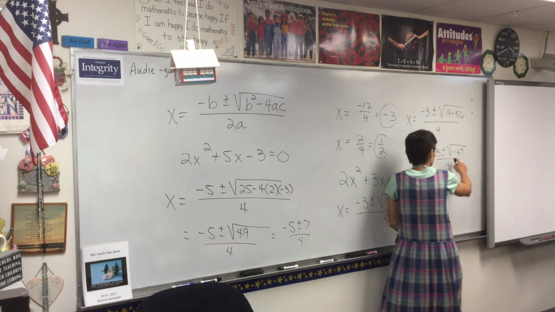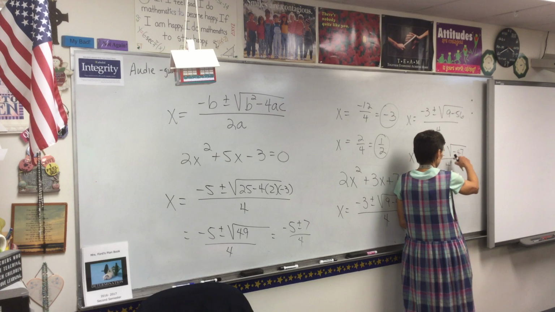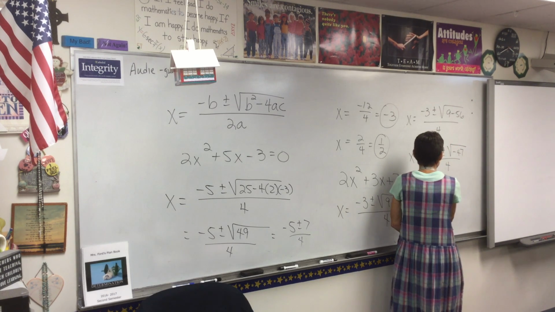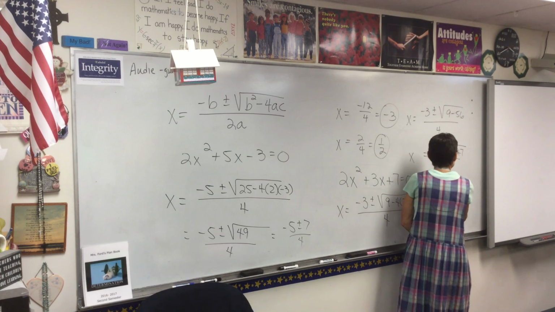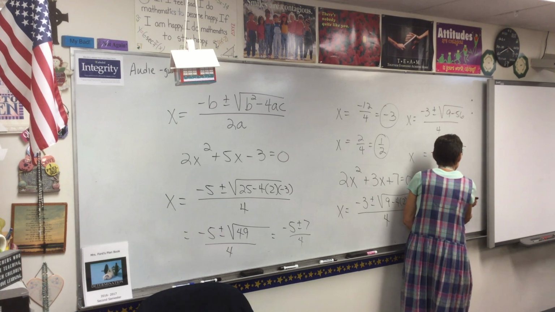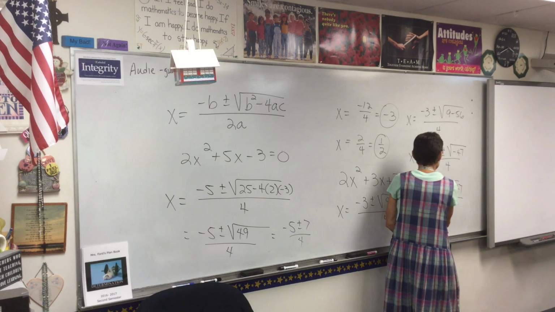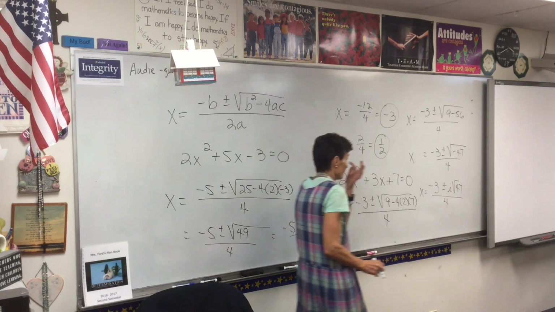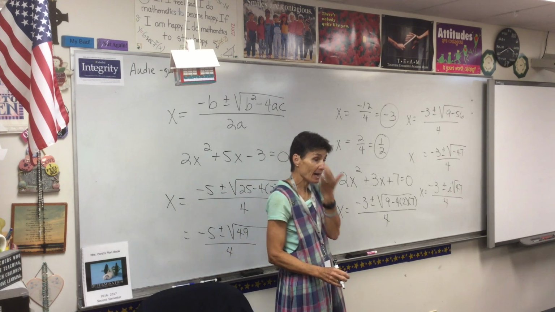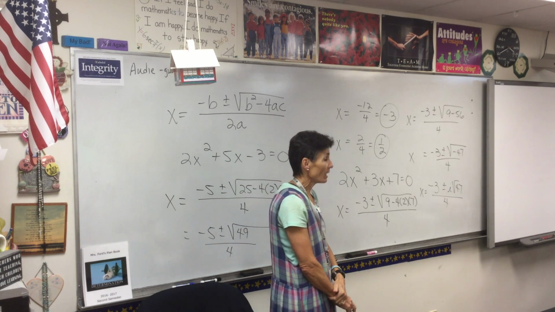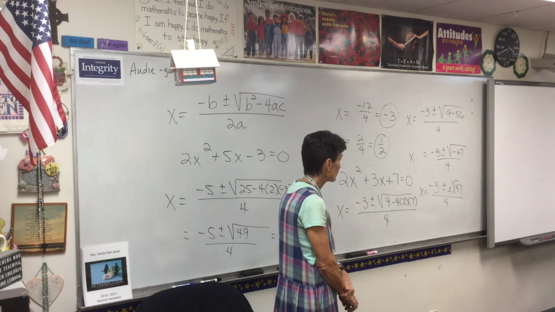You take the negative out, and the square root of the negative becomes an i, so we would say -3 plus or minus i root 47 over 4. And the square root of 47 does not simplify, so we're done. That is your answer.